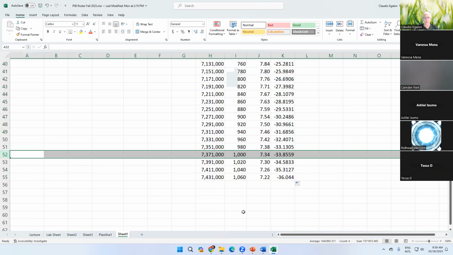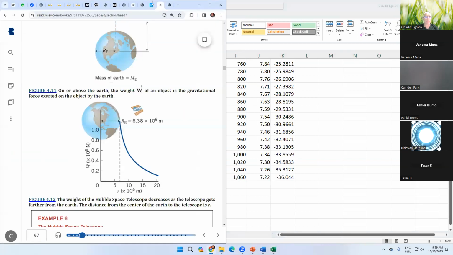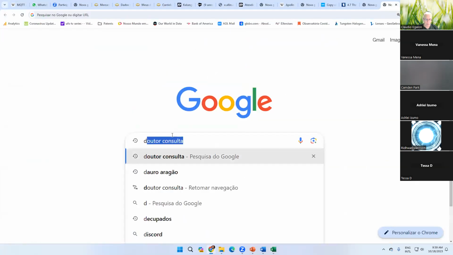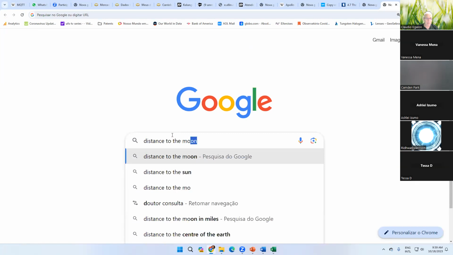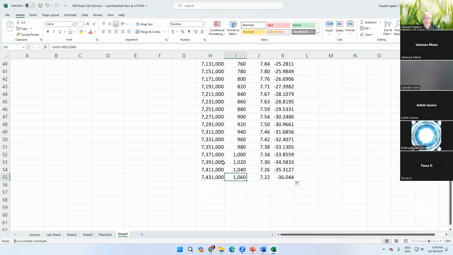we have 7.34. Now, if you want to find out the acceleration of gravity at the position where the moon is, right? Distance of the moon. What's the distance to the moon? 384,400.